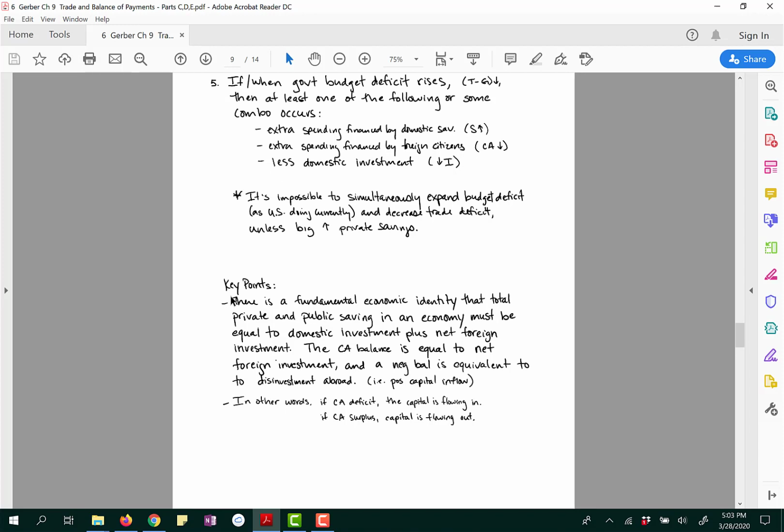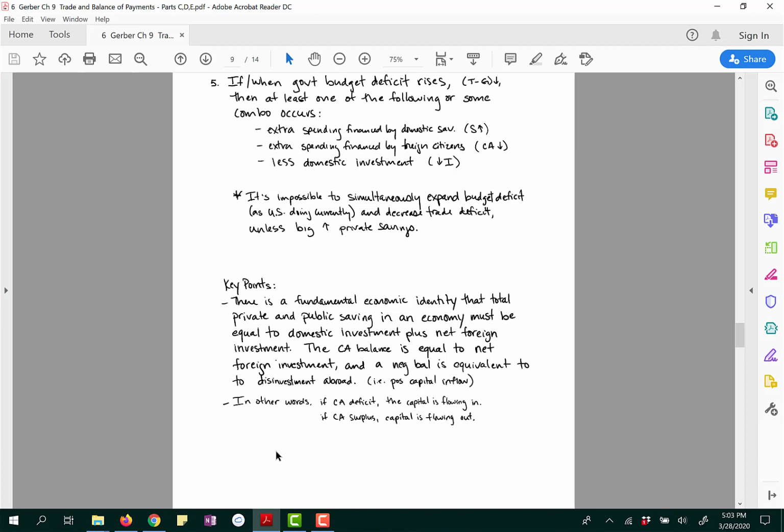Okay, this is a key point from the back of the textbook related to this part of the material. There's a fundamental economic identity that total private and public saving in an economy must be equal to domestic investment plus net foreign investment. The current account is equal to net foreign investment, and a negative balance is equivalent to disinvestment abroad.